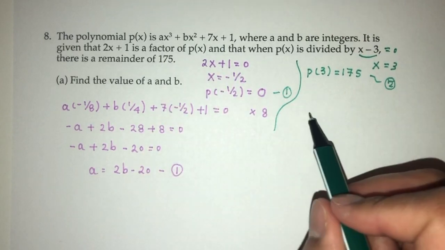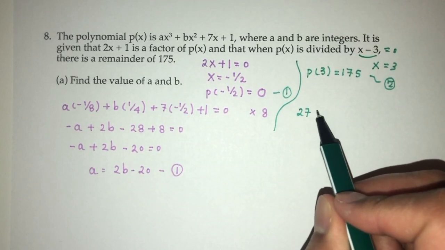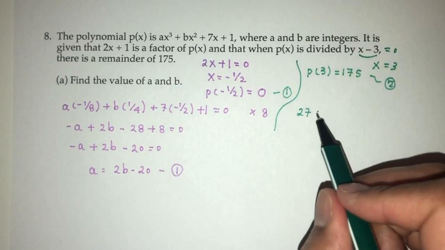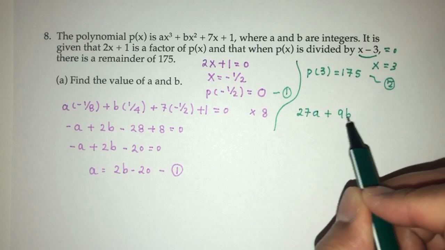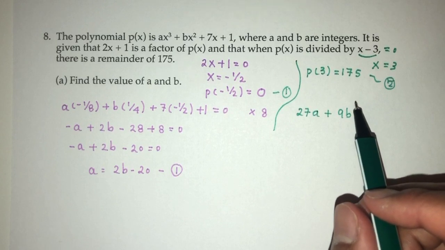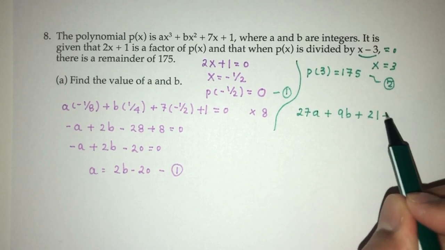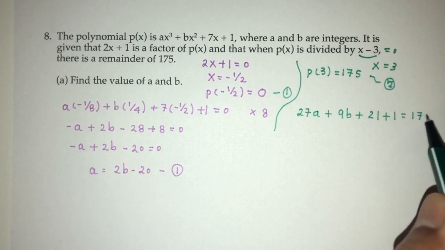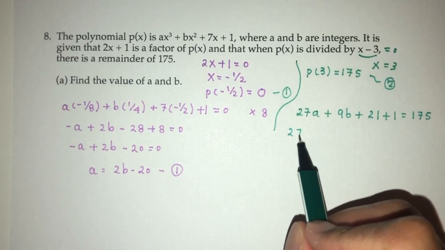Now move on to this one, p of 3, that has to be what? So replace back here, you will have 27a plus 9b plus 3 times 7, that will be 21, plus 1, that has to be 175. Simplify.